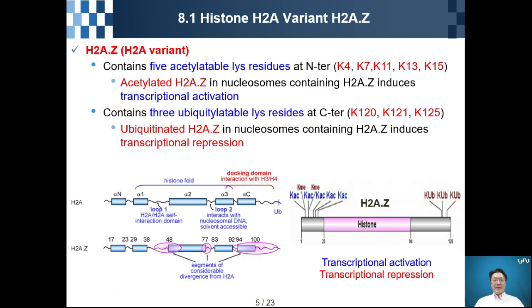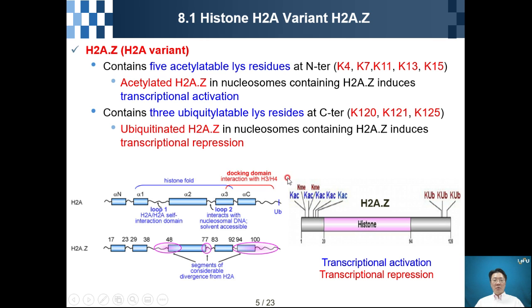So in this slide, I will explain the first subject, histone H2A variant, especially H2AZ. So H2AZ is an H2A variant. So this is the H2A structure, and this is the H2A variant structure, H2AZ. Okay, so for example, H2A has the histone folding domain, and it also has the docking domain.